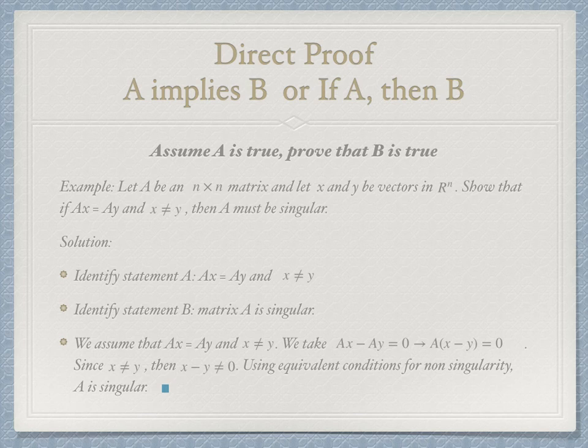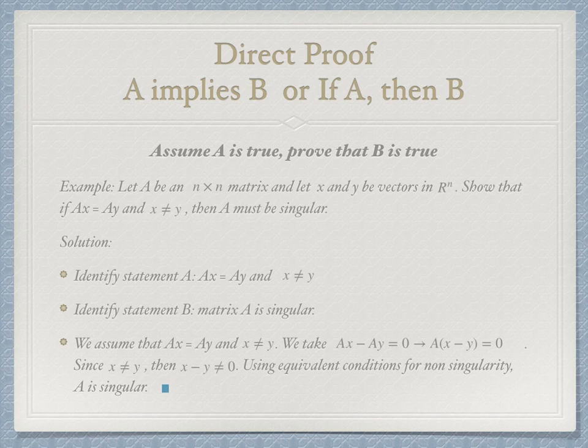And from this equation, we can factor the matrix A out to be A times (x minus y) equals 0.